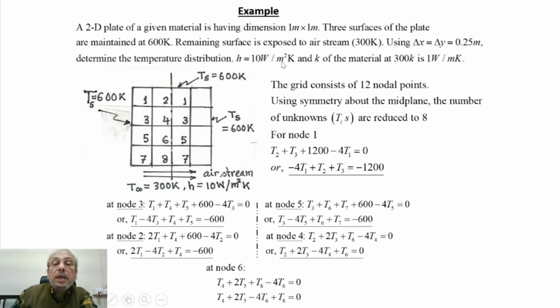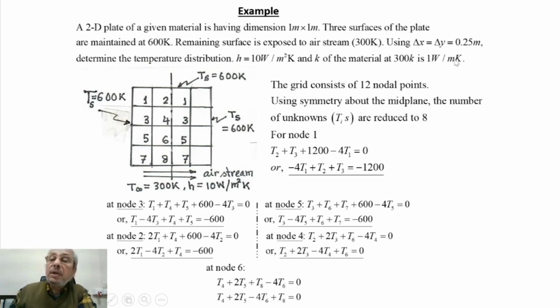H equal to 10 watt per meter square Kelvin, and k of the material is 300 K, sorry, this is not lowercase k, this has to be uppercase K. Please consider this K as capital K. So the airstream is at 300 K, and k of the material at 300 K is 1 watt per meter Kelvin.